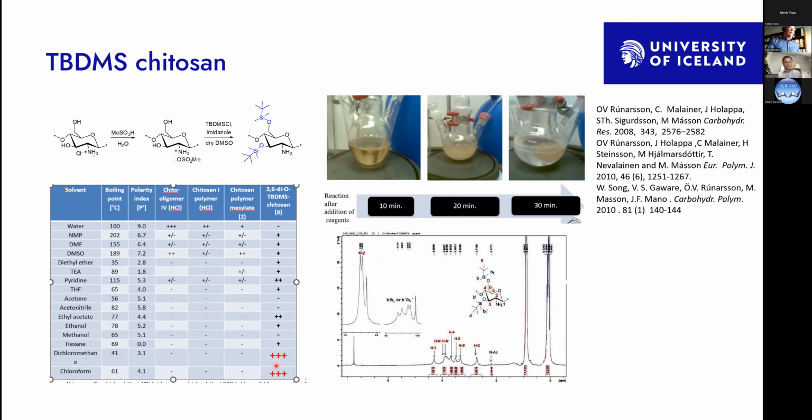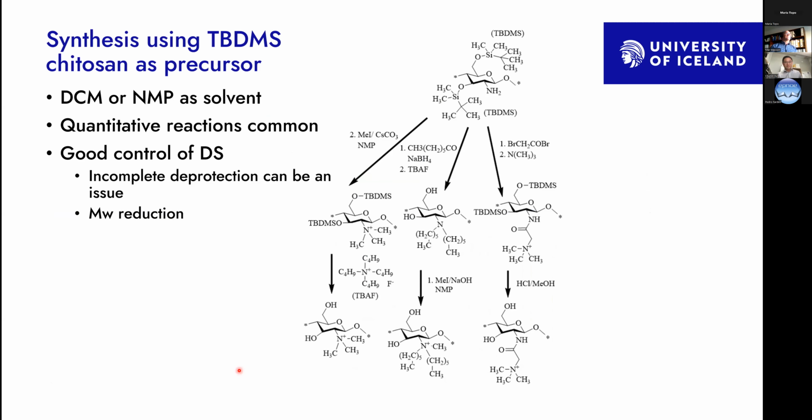A further advantage is that now you get a polymer that is soluble in dichloromethane, and this makes it much easier to do organic chemistry and to get more quantitative and selective reactions.